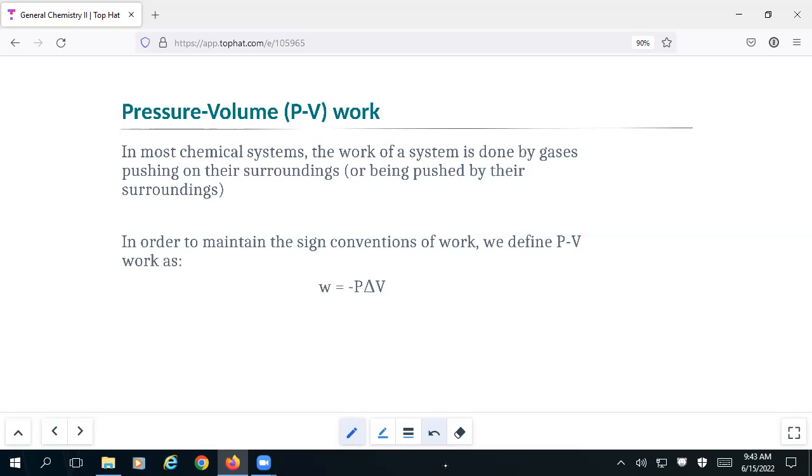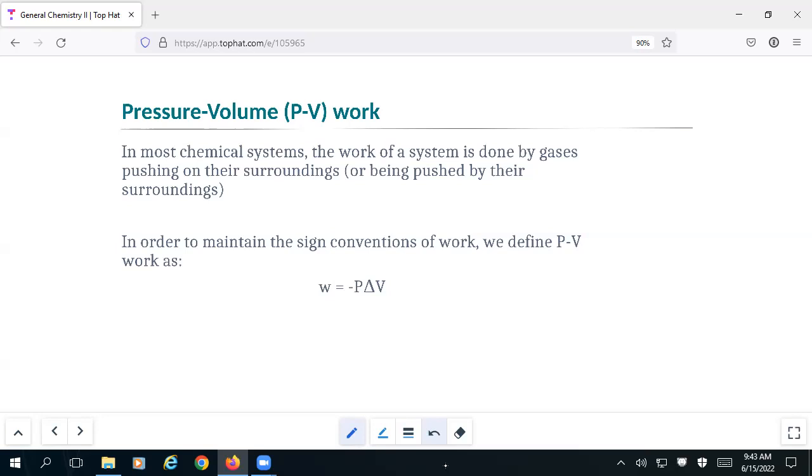If we've got a reaction like most of the ones that we have been working on since the beginning of this class, most of them are incapable of doing work. I add this solution to this solution, we get a precipitate. That precipitate's not doing any work. It's not going to move anything. It's not going to push on anything, create any pressure, change the volume in any kind of way.